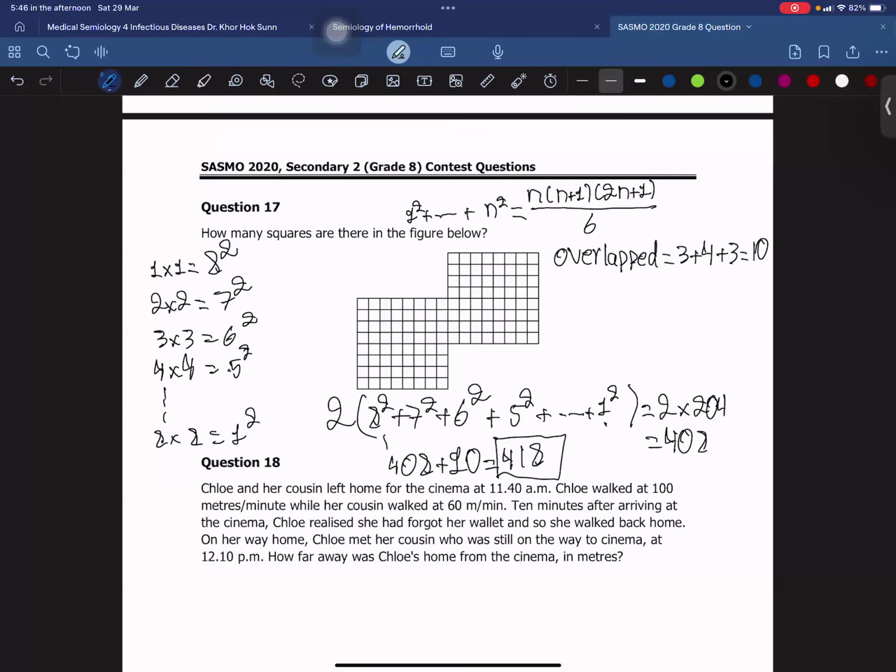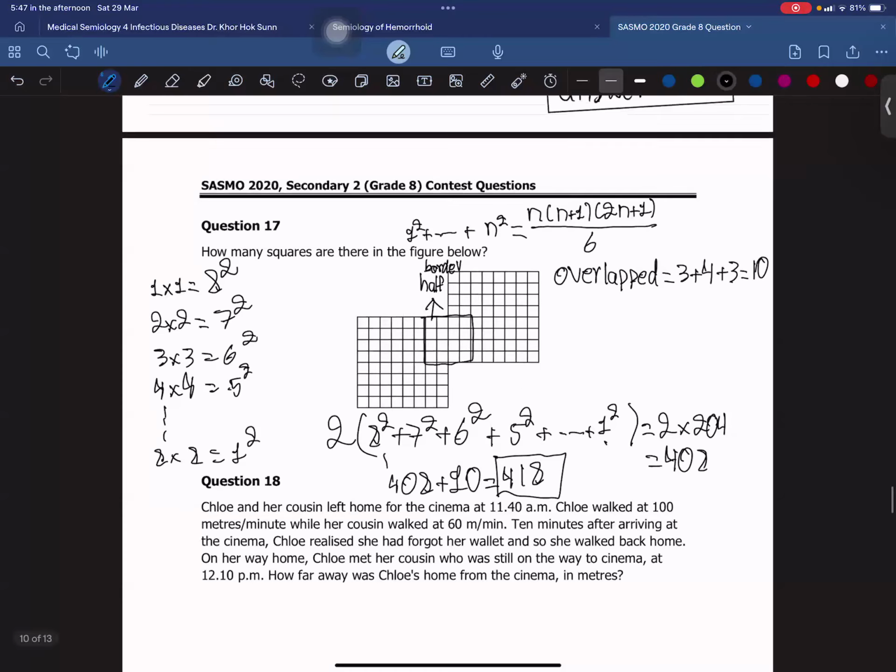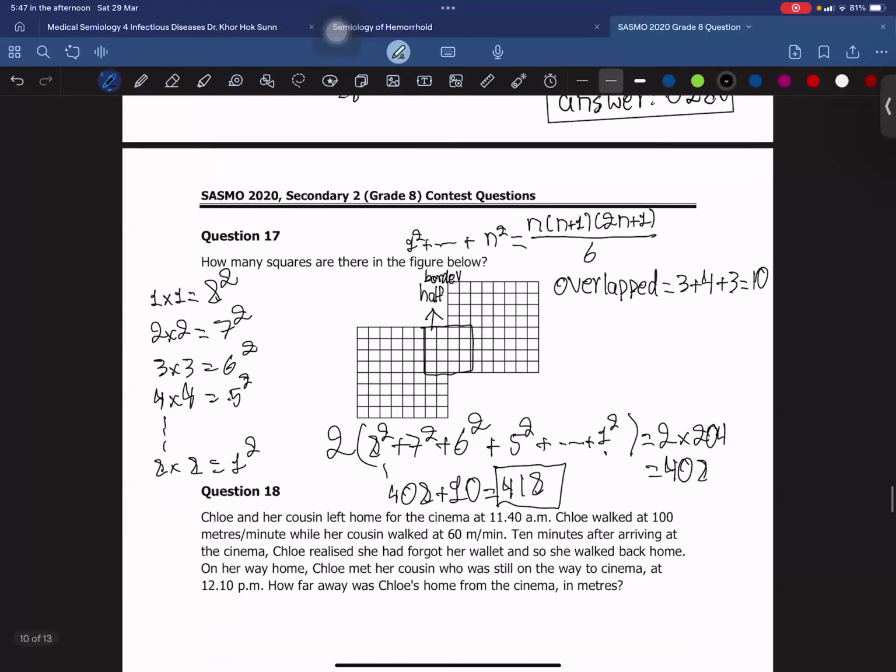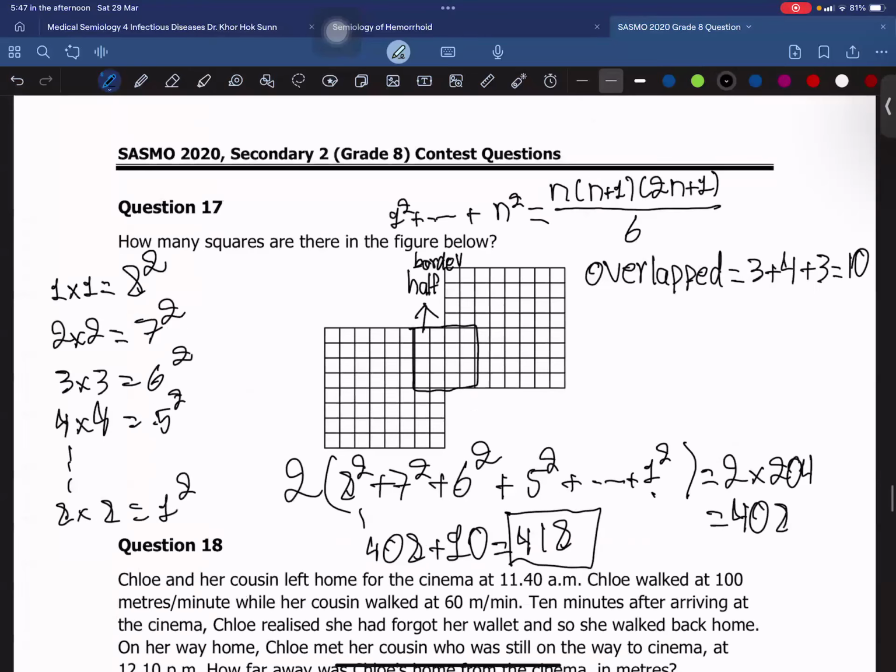Okay, so in the easier way, we just draw the 4 part in half, which has only 1 because it is in half. So it's like the border. So we cannot draw like this, because it's going to overlap, it's the thing that we have already counted in 5 square. So we can do like this.